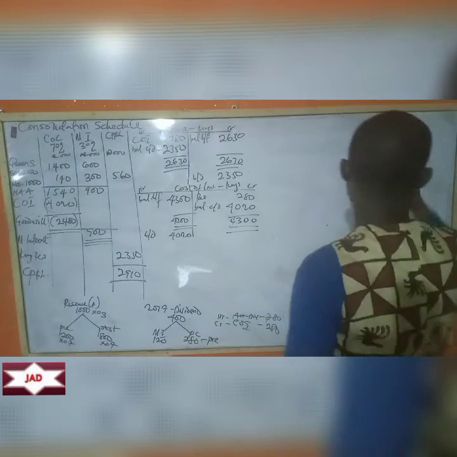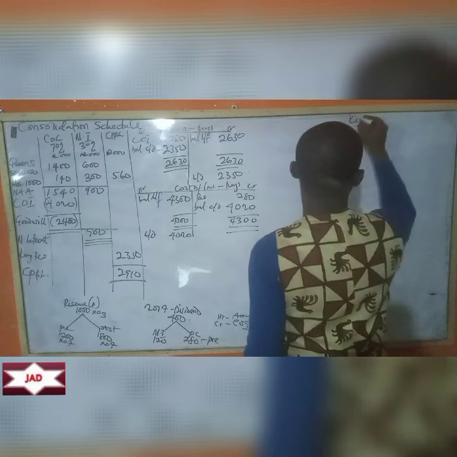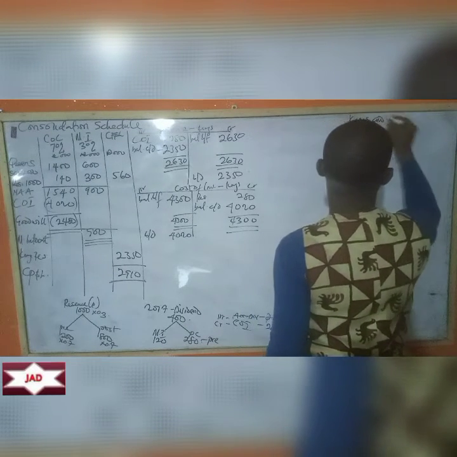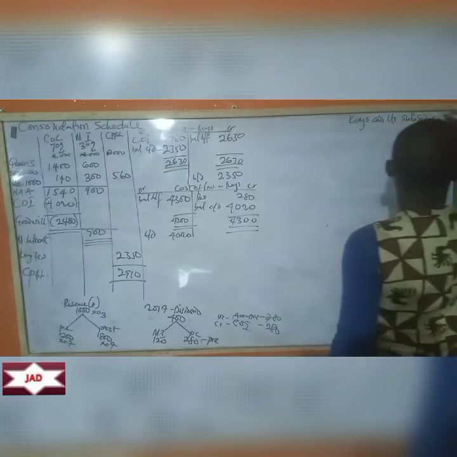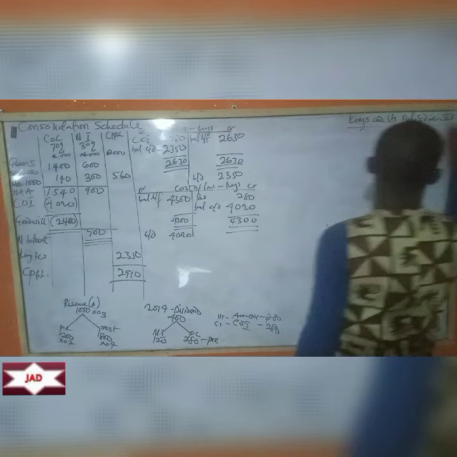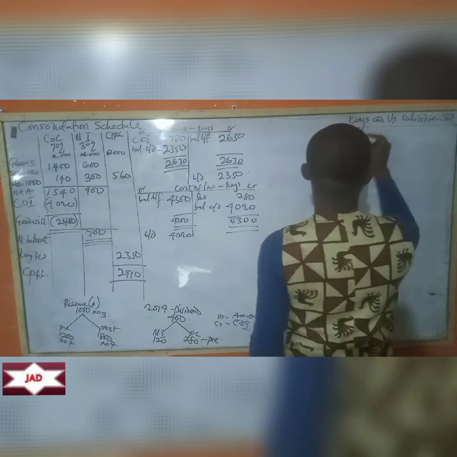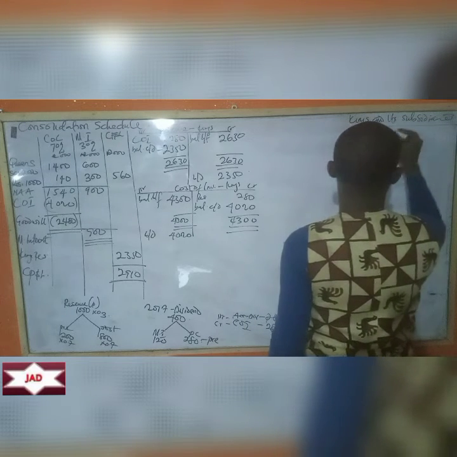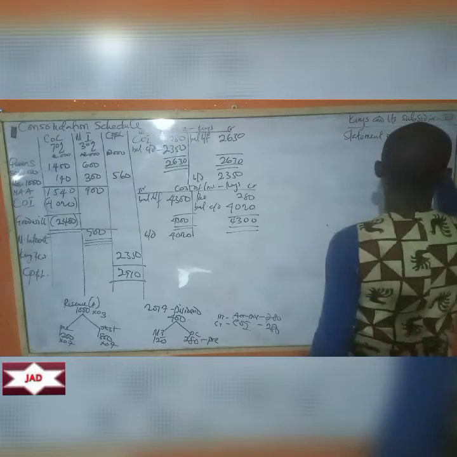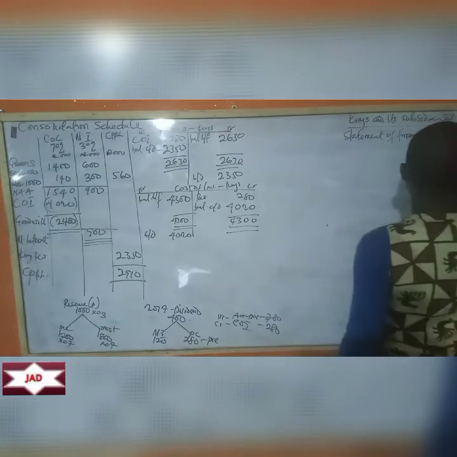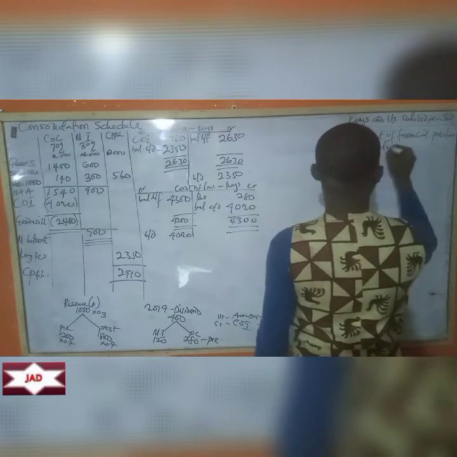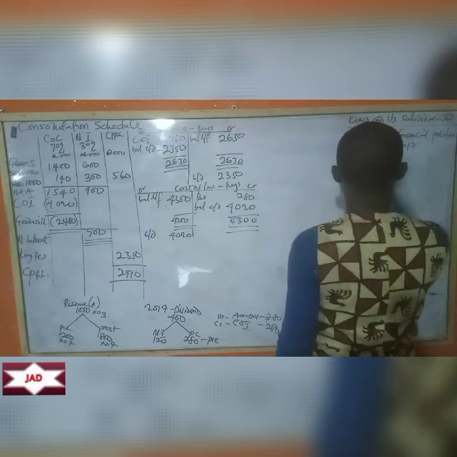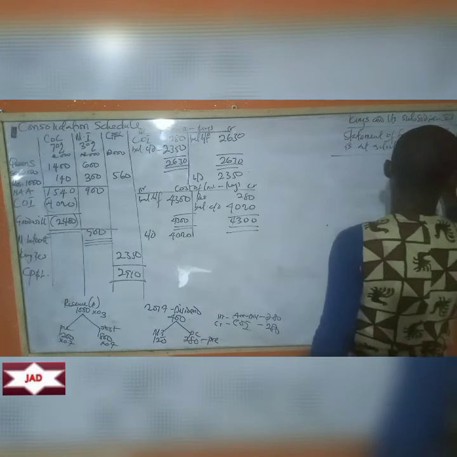So let's proceed. We have Kings and its subsidiaries. So we say statement of financial position as at the 1st December 2017, right?